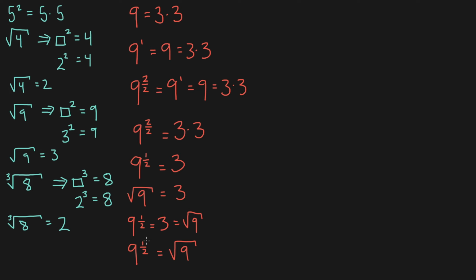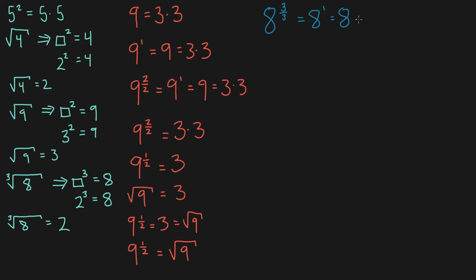We can also do the same thing with cube roots. Remember, cube roots are what we saw over here. And to think about that, let's think for a moment what 8 to the 3/3 power would be equal to. Now you may remember 3 divided by 3 is just 1, so this is the same thing as 8 to the 1st power, which is the same thing as 8.